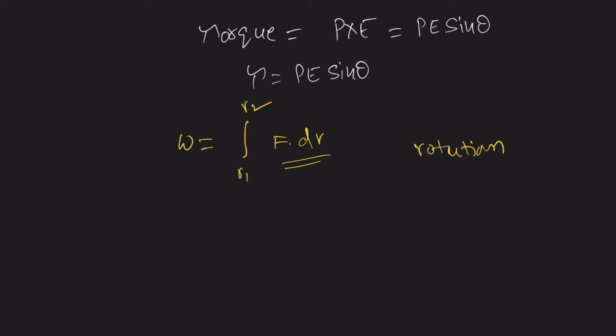Already we have studied in the intermediate first year in the chapter of system of particles. Instead of force, we take here force is compared with the torque. Displacement is compared with the angular displacement. So R1 is theta 1 to theta 2, but here thetas are taken as theta naught and theta.